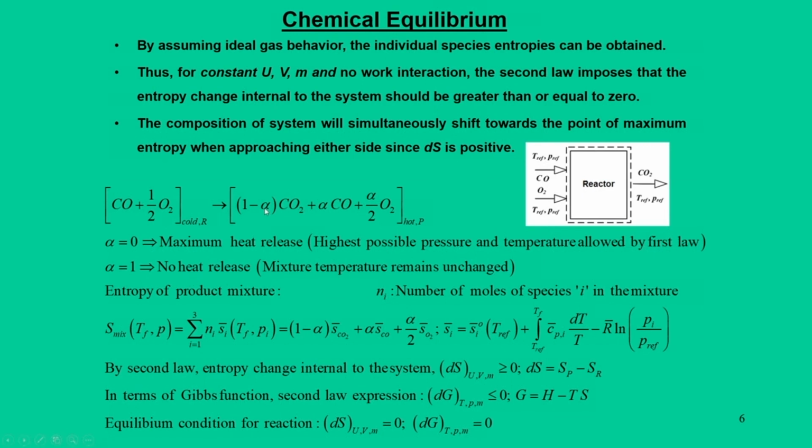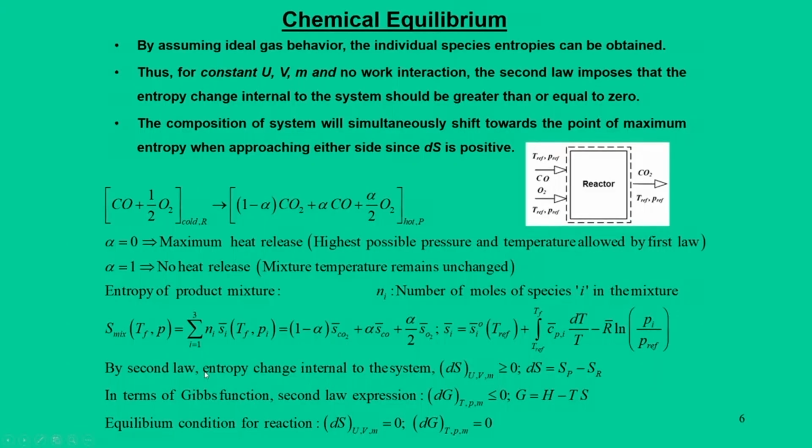Now, when alpha is 1, the mixture temperature remains unchanged because there is no heat release. So, alpha equal to 1 means CO2 is 0, that is, you have CO and half O2; the same reactants and products remain as they are, the reaction has not happened. But that is not the case.